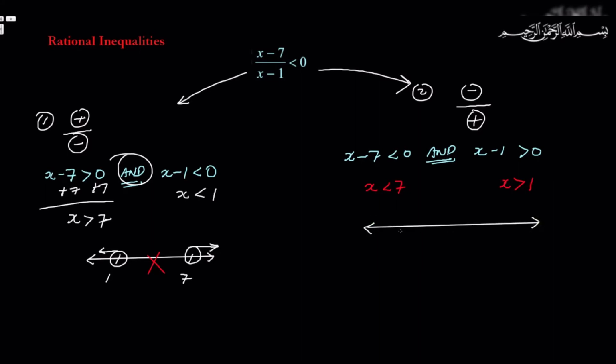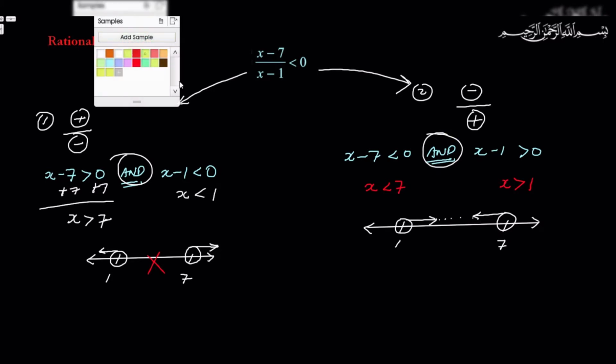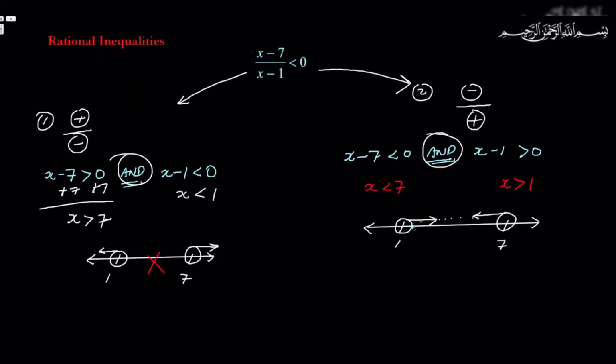I'm just going to again put the numbers of interest for me, 1 and 7. x is an open circle less than 7 like this, and x must be greater than 1, open circle like this. Now both of these will carry on to infinity this way and that way, but this is an "and" statement, so both of these conditions must be satisfied. So what's common to both of these is everything between 1 and 7.